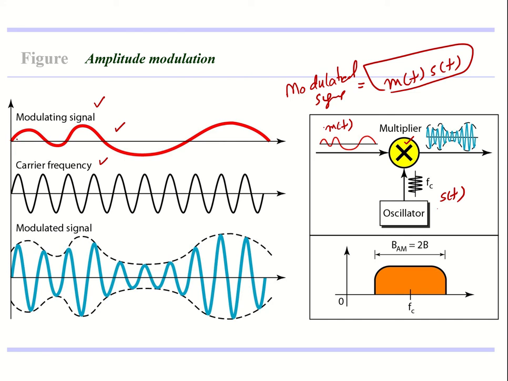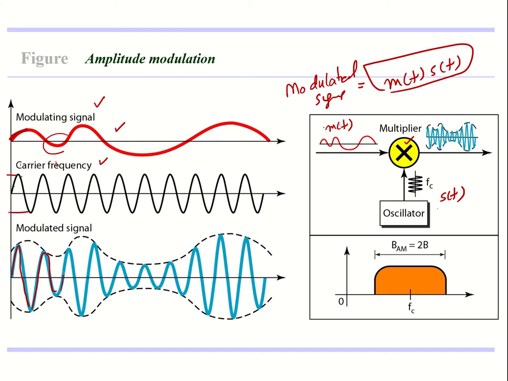Now what will happen? As the amplitude of the message signal is changing, the amplitude of the carrier will also be changing. Here the amplitude is lowering, so the carrier goes down, and here the amplitude is very small. This was the fixed amplitude, but here we have variation.